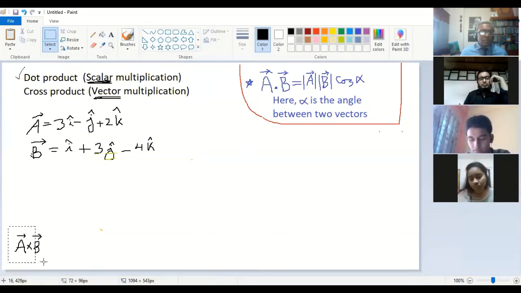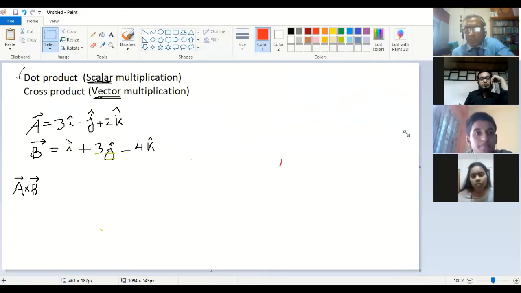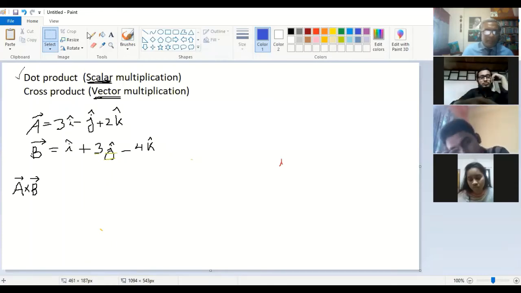Then I will show the calculation for A cross B. Oh no, before that I need to give you the formula. So let me erase this formula also, and then I will give the formula for cross product. Here I'm writing the cross product formula.